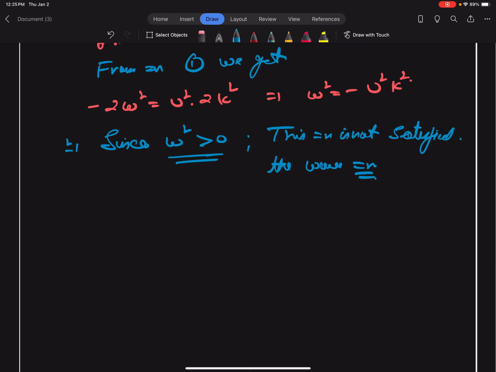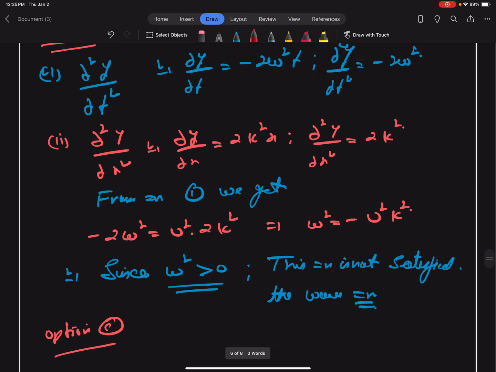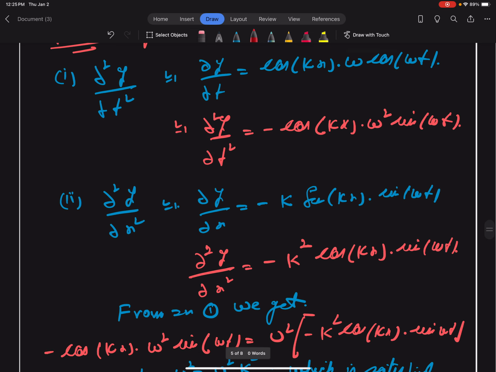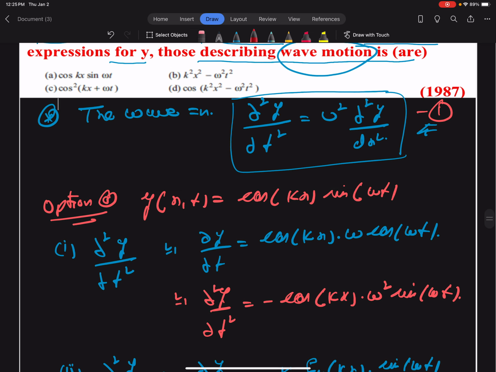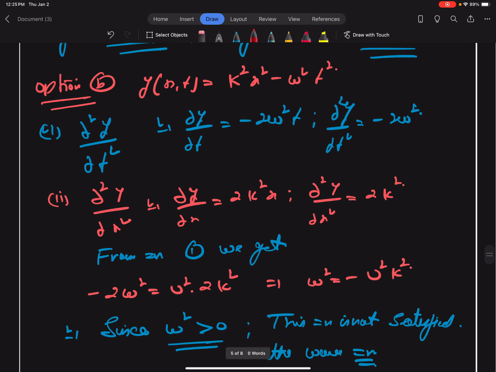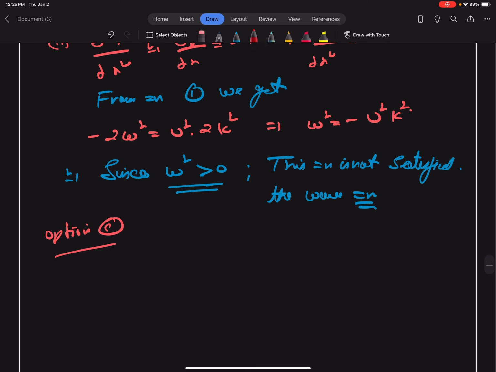Now we will go for option number C. In option number C, we are given that y of x, t is equal to cos square of kx plus omega t.